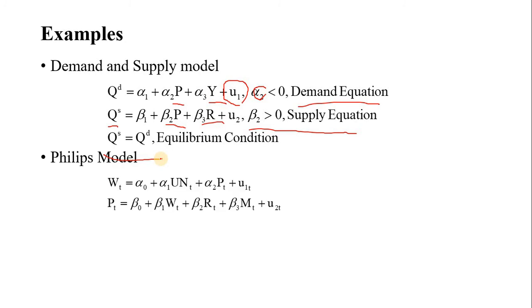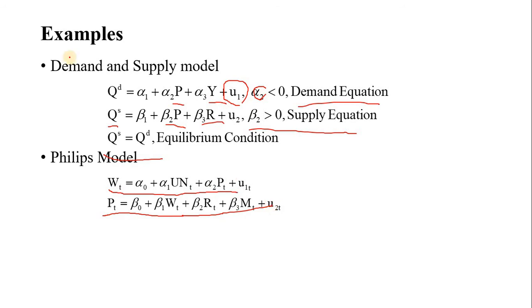Now you look at the macroeconomic model, the Phillips curve model. Here WT, wage, is a function of unemployment and the general price level, and this general price level is equal to wage rate, interest rate and money supply.